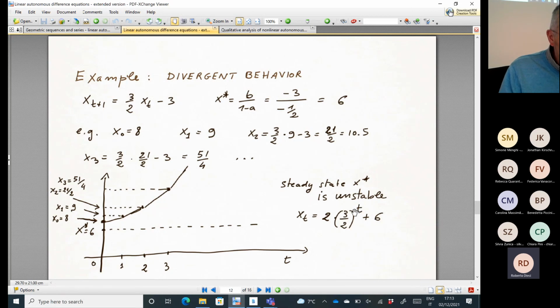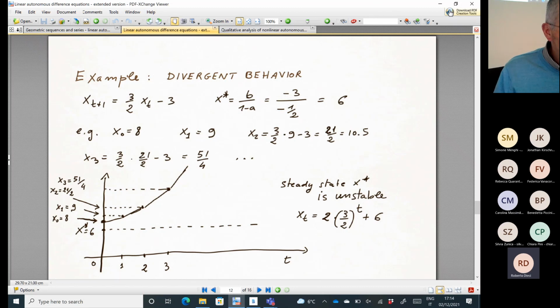Put 2 here: 3/2 to the power of 2 is 9/4, so you have 18/4 plus 6. What is 18/4 plus 6? It is 18 plus 24 over 4, which is 42/4, which is 10.5.